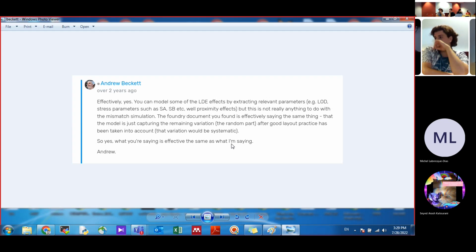But you mean that well proximity is already something that Cadence understands? The proximity SA, SB is the distance between the gate and the edge of the transistor.